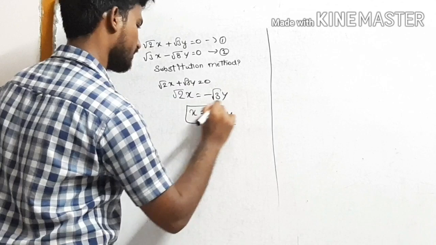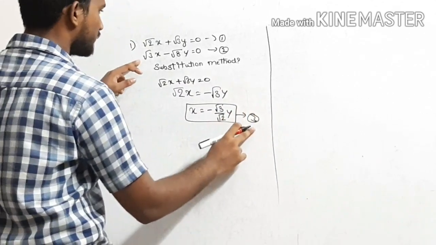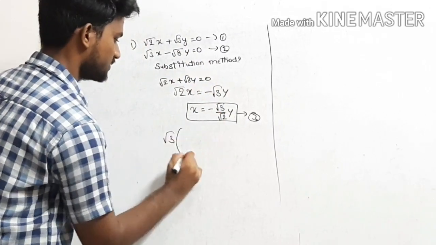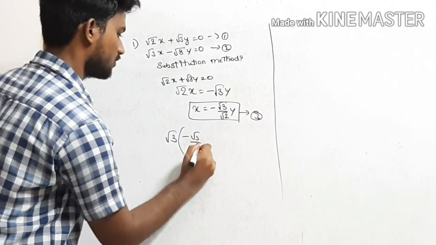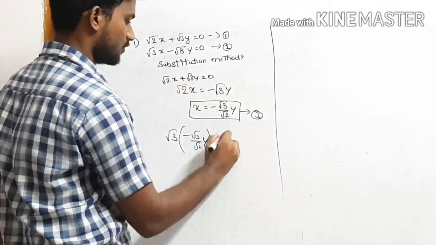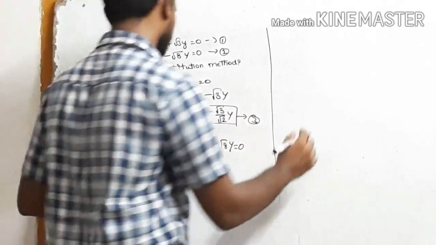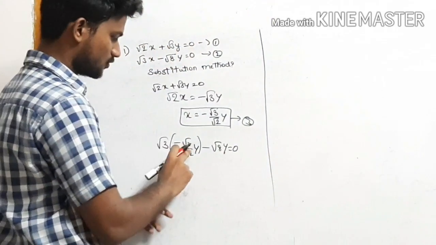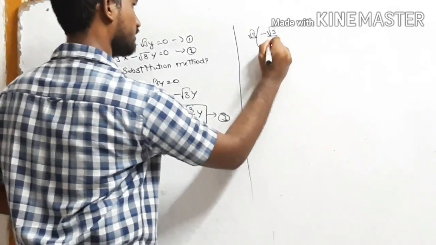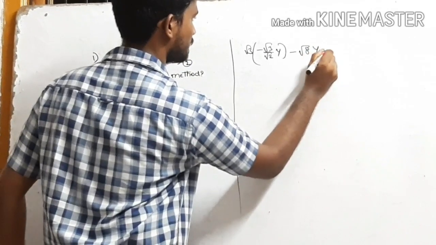This is the third equation. Substitute this third equation in the second equation. That is root 3 times x, here minus root 3 by root 2 y, minus root 8 y equals 0.